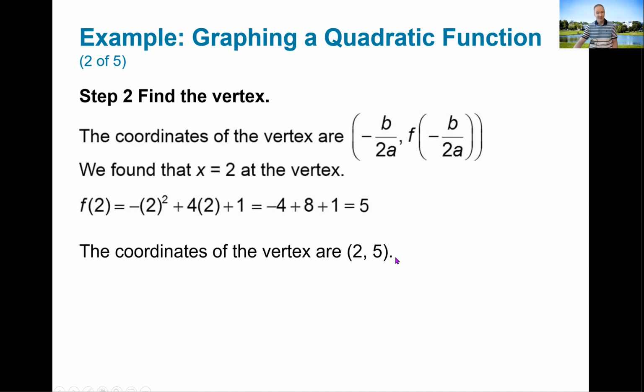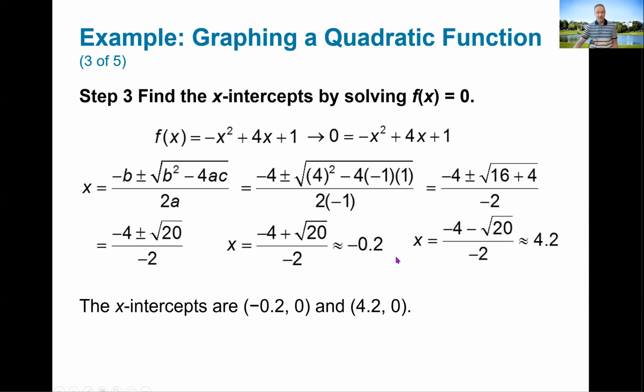What's next? The x-intercepts. To find the x-intercepts, you just set the equation equal to 0. Now, probably the easiest way to do that is the quadratic formula, so you're welcome to do that. If you wanted to be cool and use completing the square, that would be awesome, but quadratic formula is probably the easiest.